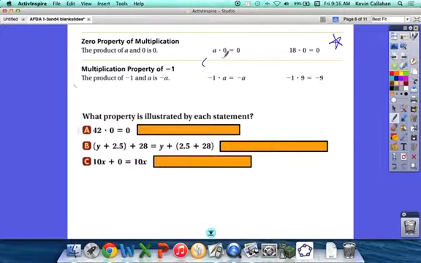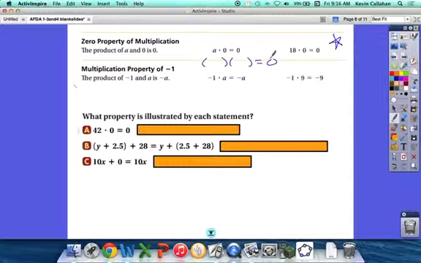When we factor and it's all set equal to 0, we know that if a product equals 0, it's because one of the factors equals 0. So we use this property whenever we're factoring to solve equations. And that is an important property.